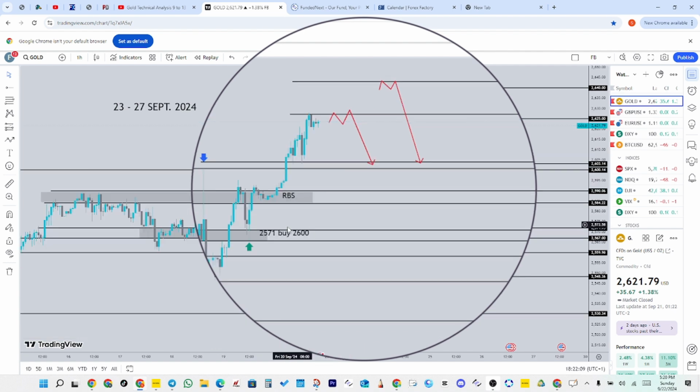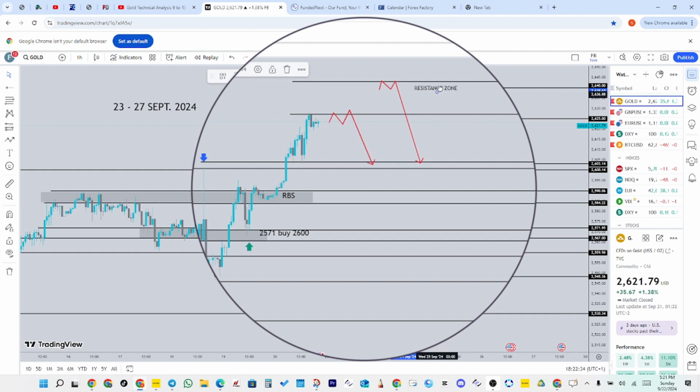But if we are to work on a major, this is the 1 hour time frame. If we are to work on the major zones, it means that we are working with this resistance area, this resistance zone.